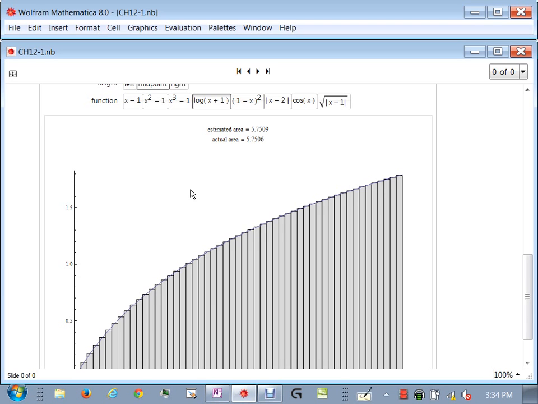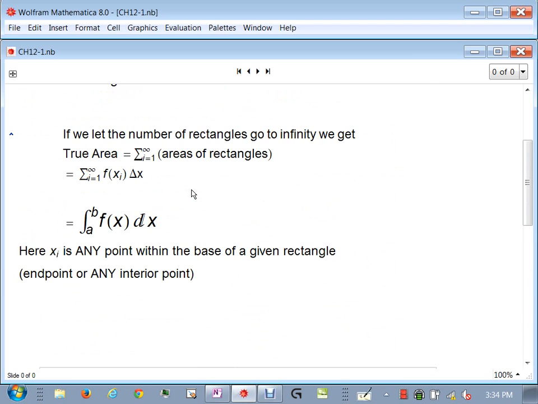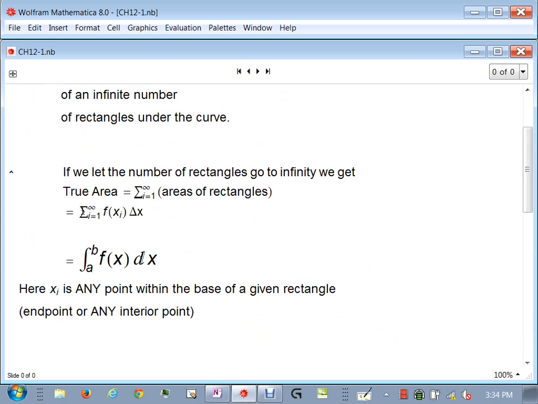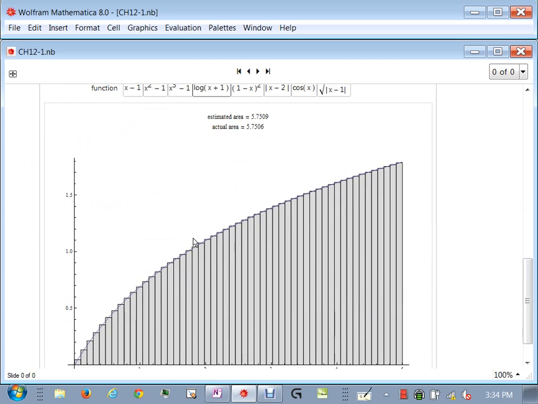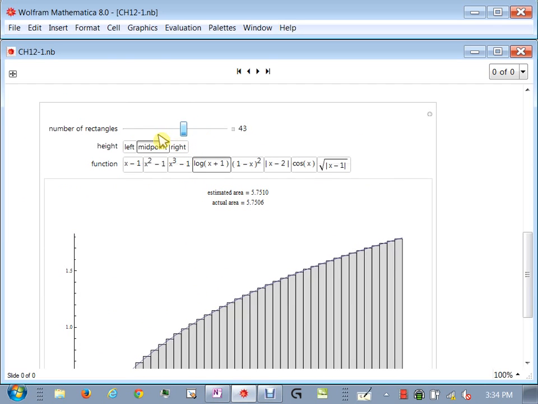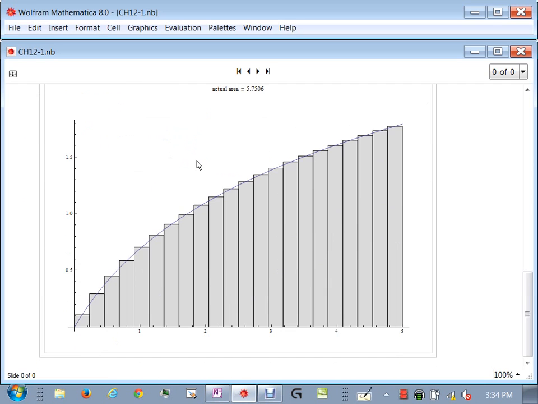And then with that idea, when we take the limit as f of x delta x, now what was f of x delta x? Going back to our picture, if I look at the width of one of those rectangles as the change in x, and then the height of one of those rectangles as the function's value there, then the area of the rectangle is f of x times that change.